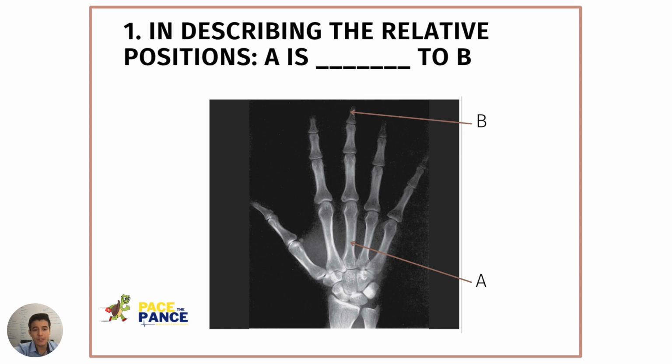So in describing the relative positions, A is more proximal to B because A is more superior or closer to the cranial position. B is more distal because we always think about anatomical terms. So you have to take this picture back and relate it to your anatomical position.